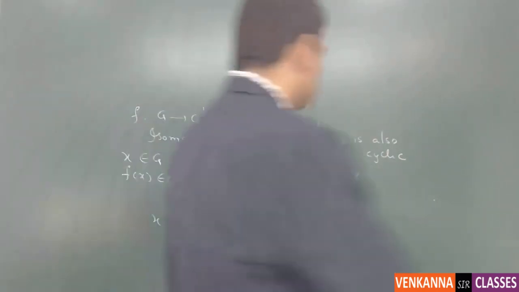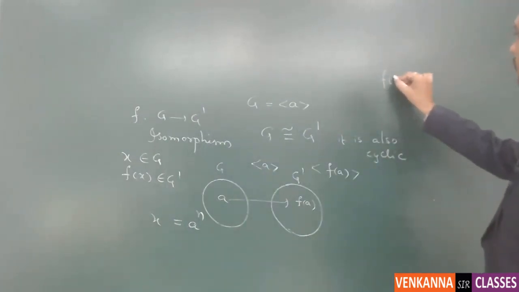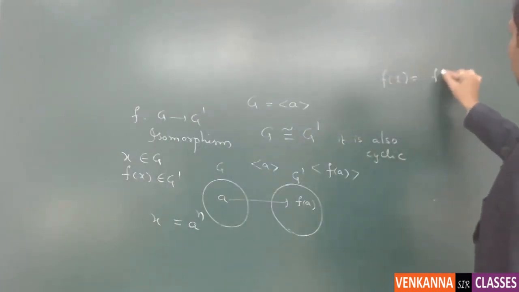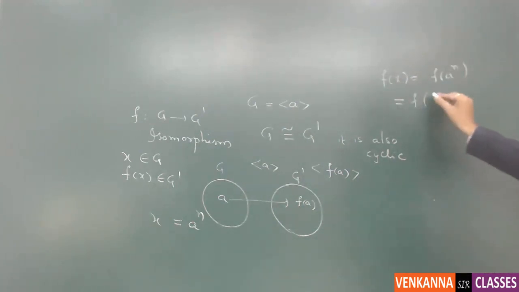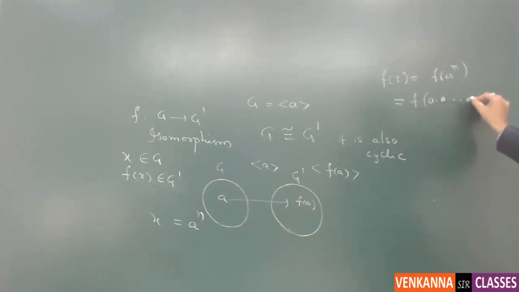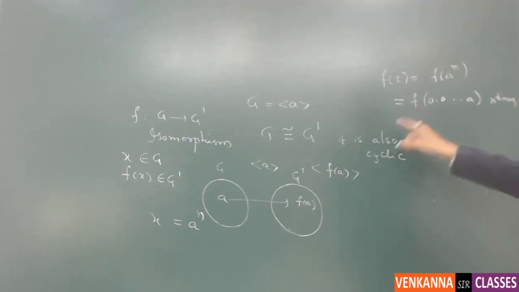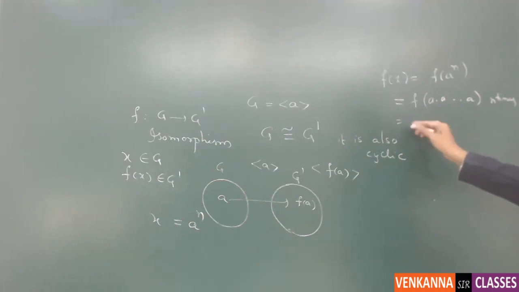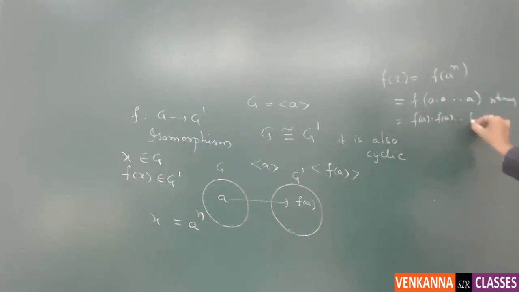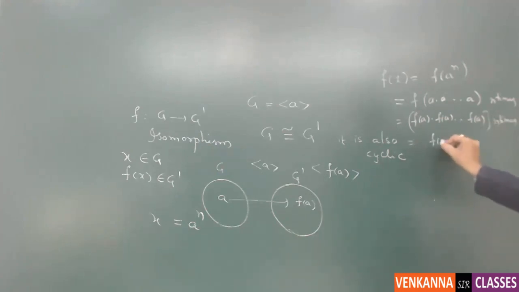So if you apply f to x, it is nothing but f of A power n, equals f of A dot so on A, n times, which gives, as f is a homomorphism, applying the condition of homomorphism, f of A dot so on f of A, n times, which is nothing but f of A whole power n.